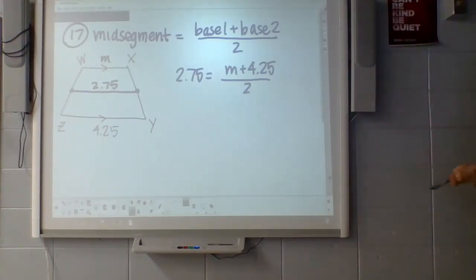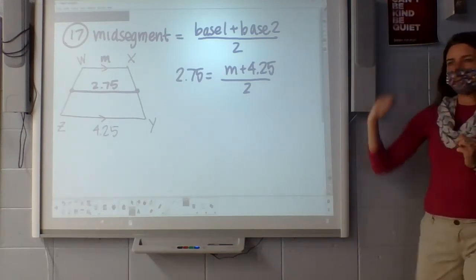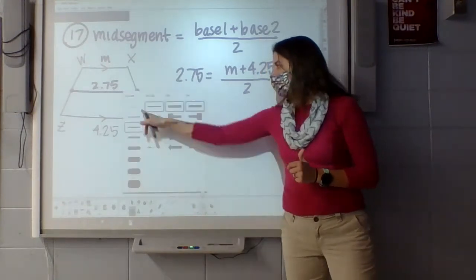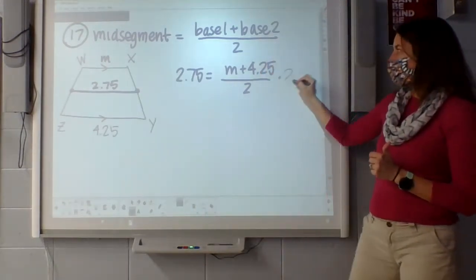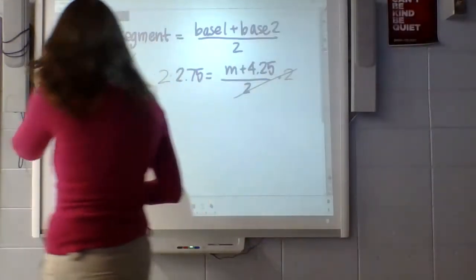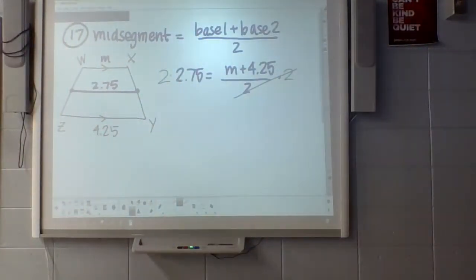And we did this before break, but I know it's been a while, so I don't expect that everyone remembers that, especially since I didn't remind you guys of that formula. So in order to solve this, we like to get rid of that 2, so we're going to multiply each side by 2. So we do 2 times 2.75, so is it 5.5?